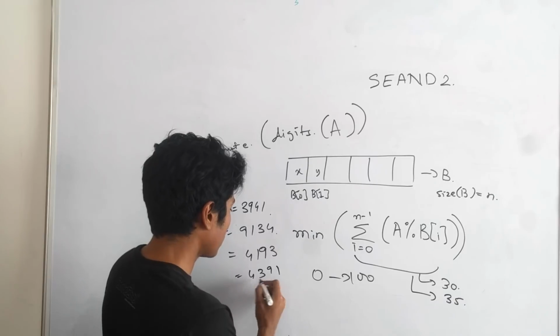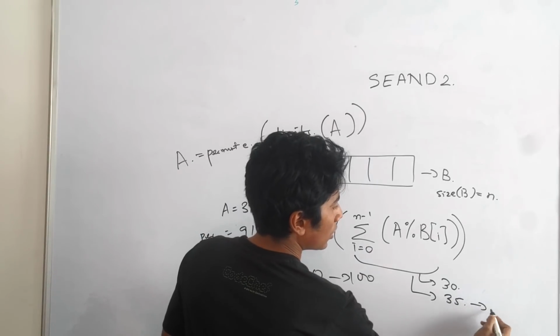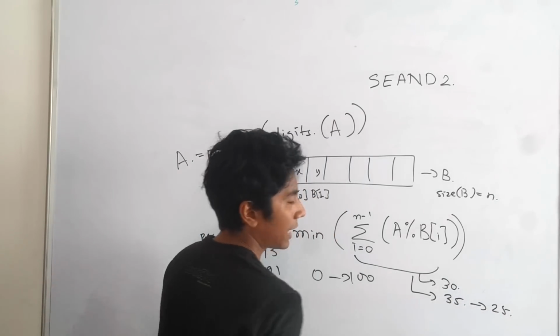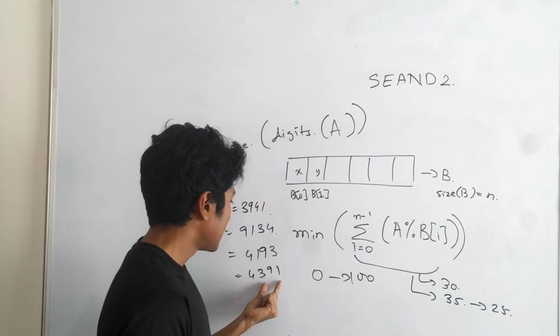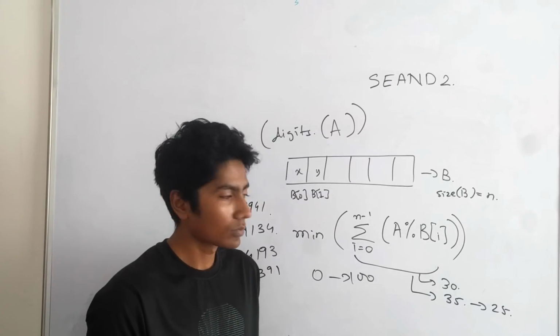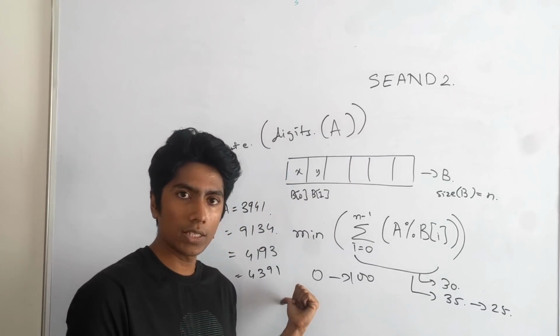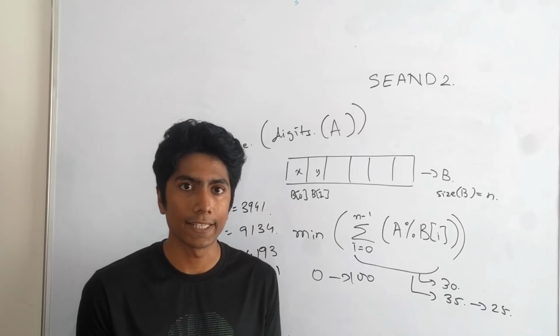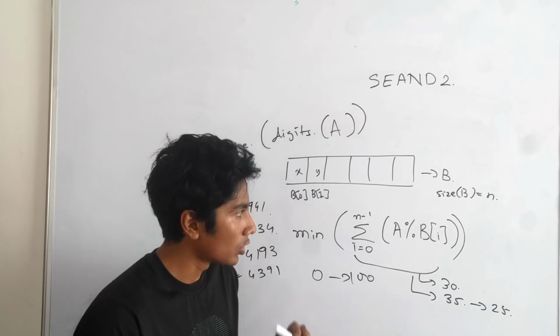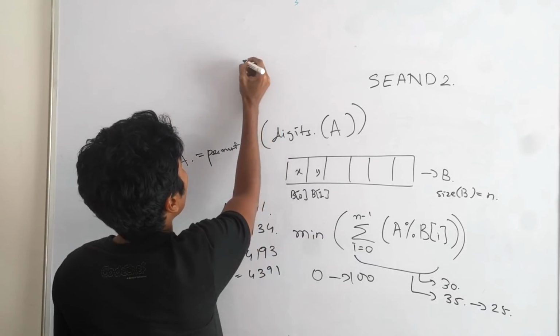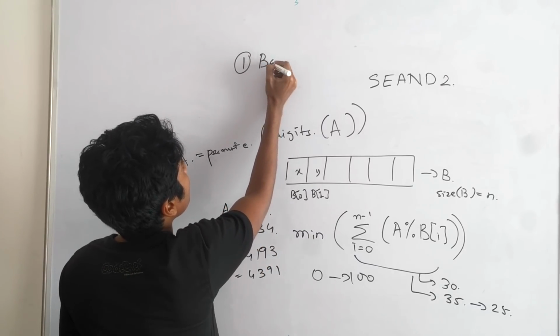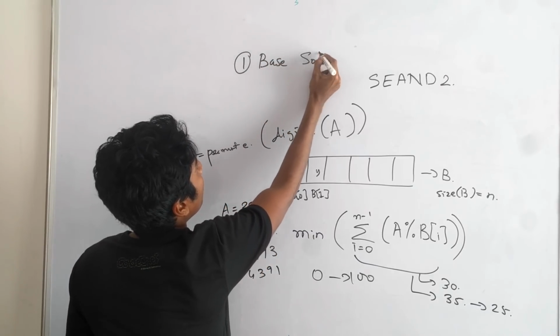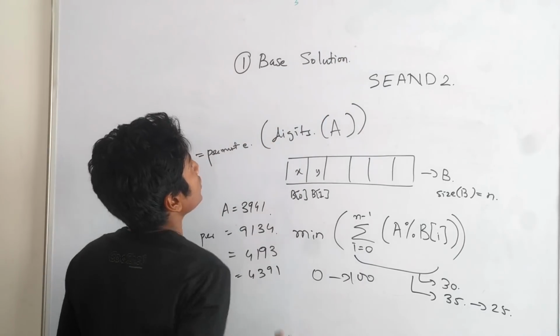On the other hand, if I swap and I get the answer to be 25, that gives me an idea that this swap was a good idea and I should continue with this new number as my base case. Okay, so first thing to do is find a base solution.